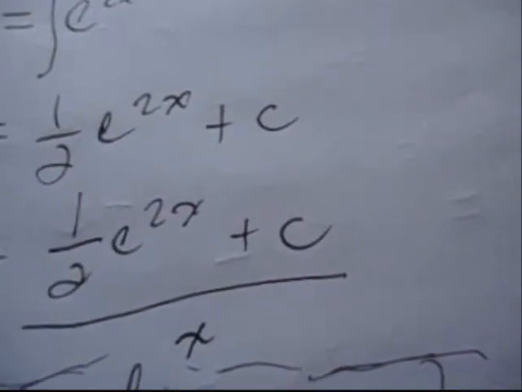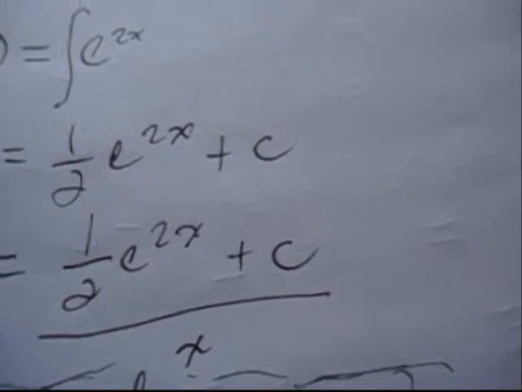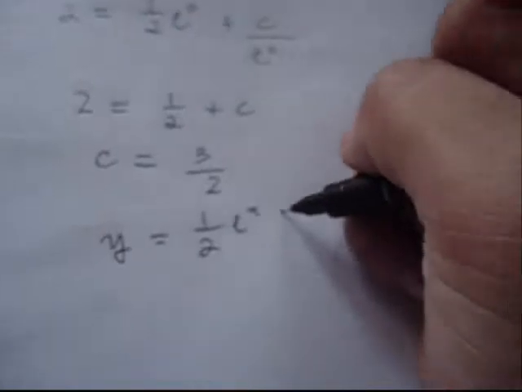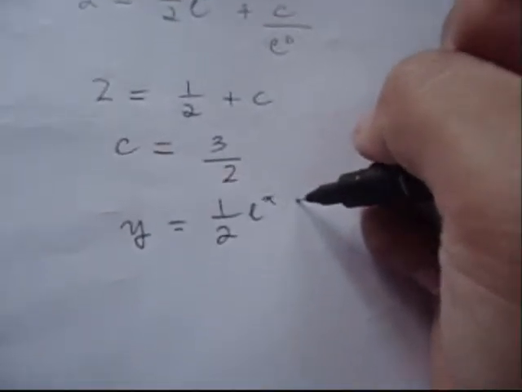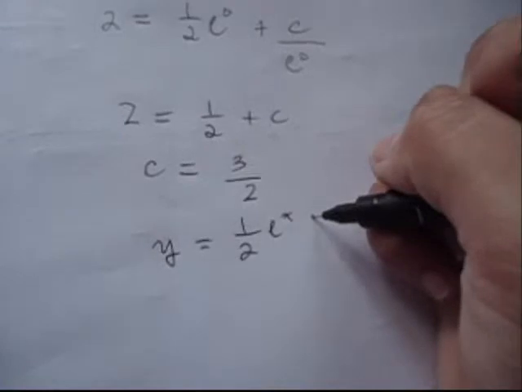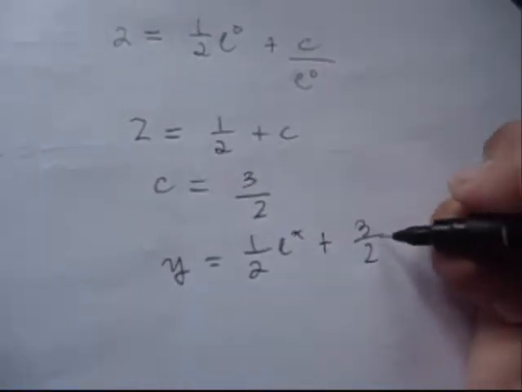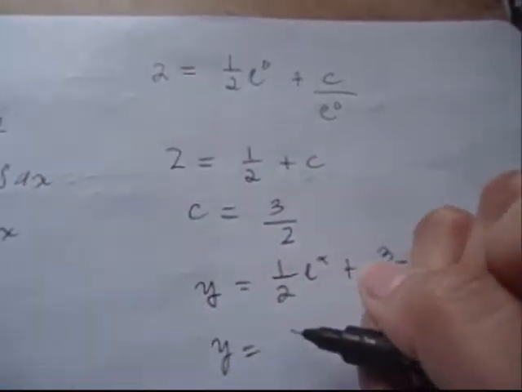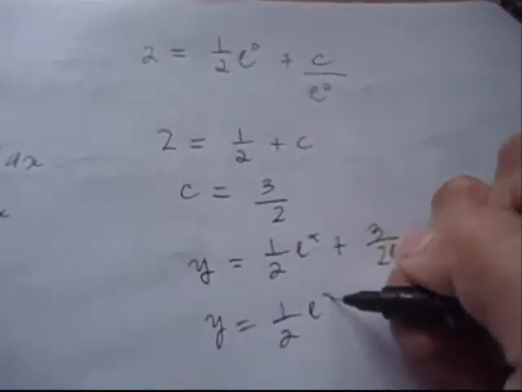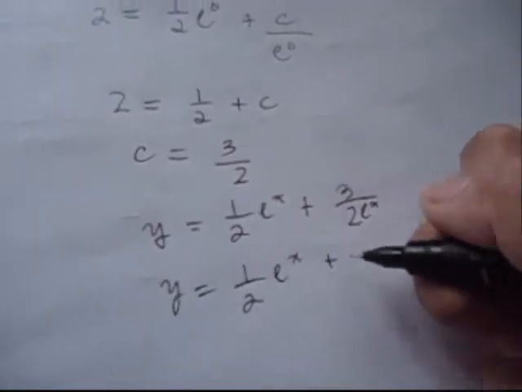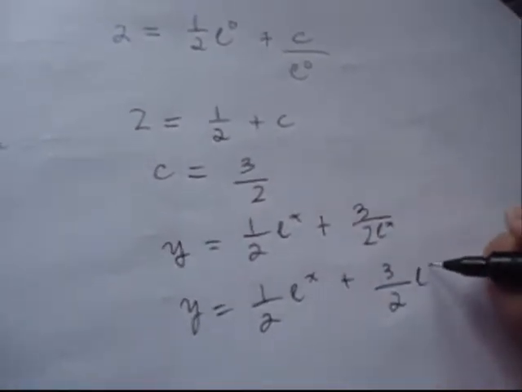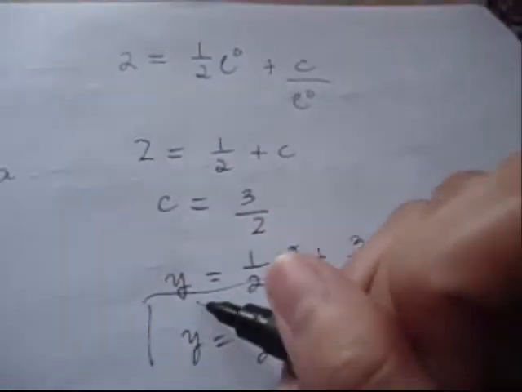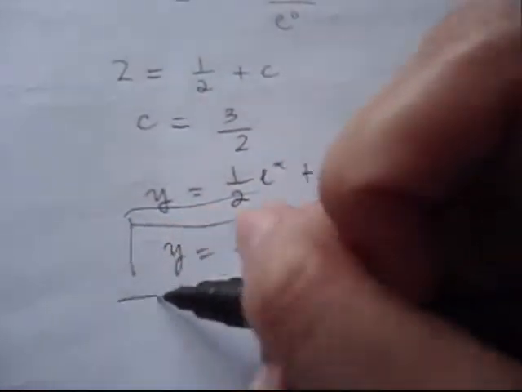So we have y equals 1/2 e to the power of x plus 3/2 over e to the power of x, or we can write this as y equals 1/2 e to the power of x plus 3/2 e to the power of negative x. And this is our final answer.